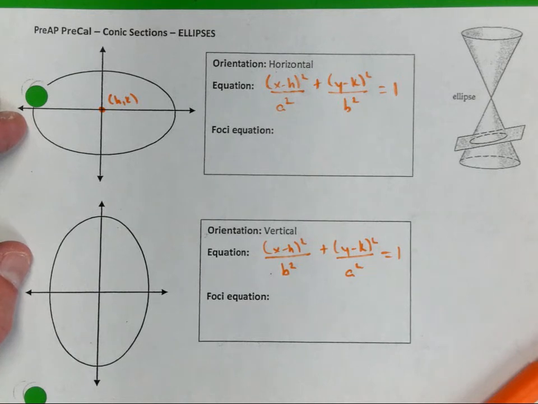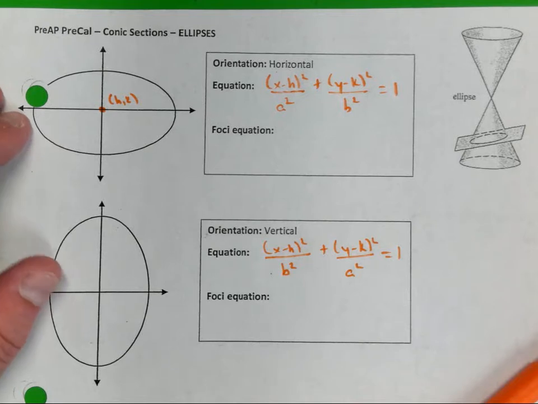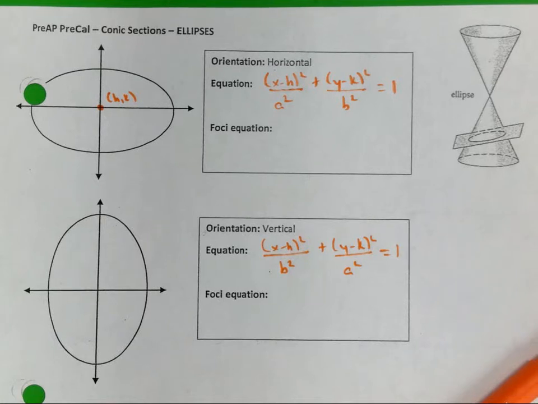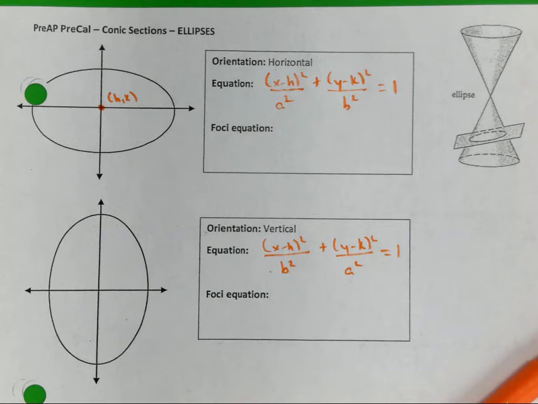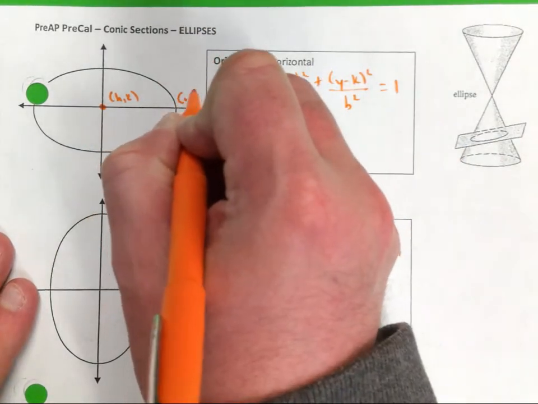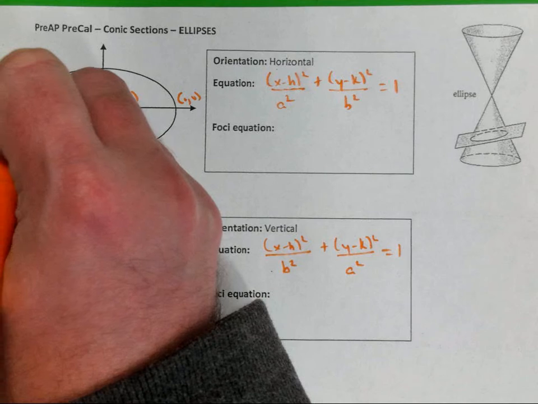How would I find A? By taking the square root of A squared, wouldn't I? A is the distance from your center out to your edge of your ellipse. So that's what the value of A is. It's the distance from the center to the edge. Okay? So this would be A, 0. This would be negative A, 0.